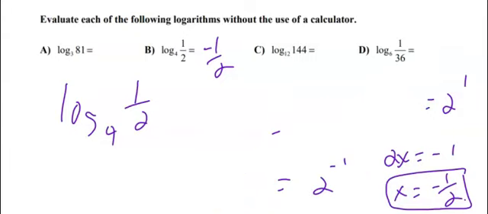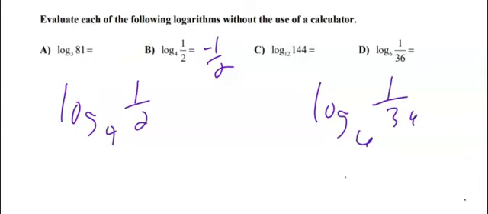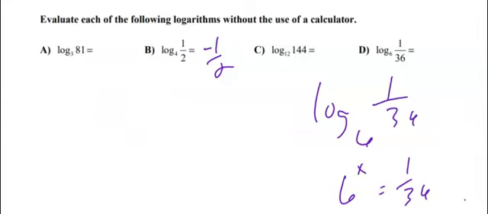The last one is letter d, and letter d is very similar. What you have is log base 6 of 1/36. So it's saying 6 to some unknown is 1/36. Well, 1/36, we should know that's 6 to the second. So I'll write it over here: 6 to some unknown equals 1 over 6 to the second.